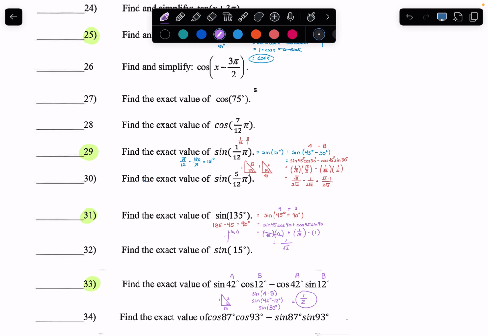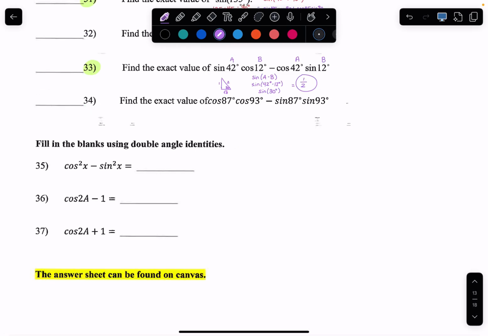And then surely you guys can get the double angle ones. You literally just have to read the sheet that I give you. That's it. Any questions, comments, concerns?